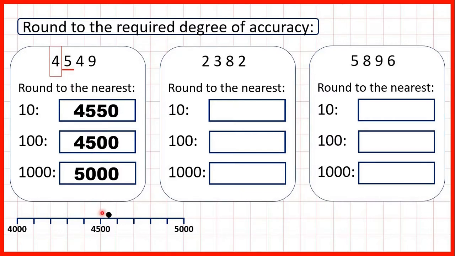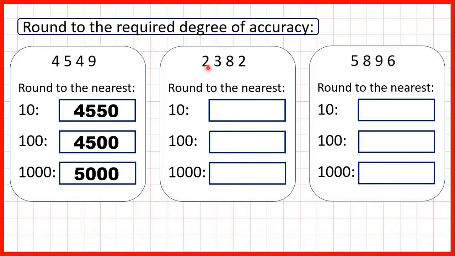So we can see that our number 4,549 is in the middle of 4,500, and this mark here, if I'd labelled it, would be 4,600. But because it's more than 4,500, we can see that it's closer to 5,000 than it is to 4,000, and that's why when we're rounding to the nearest thousand, we need to round up.